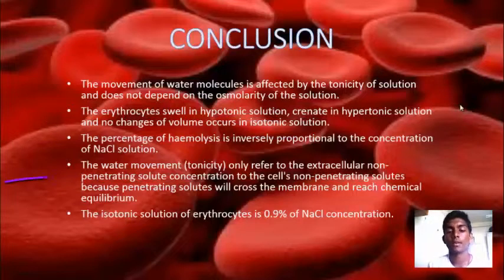Water movement only depends on the extracellular non-penetrating solute concentration relative to the cell's non-penetrating solutes, because penetrating solutes will cross the membrane and reach chemical equilibrium. The isotonic solution for erythrocytes is 0.9% sodium chloride solution.